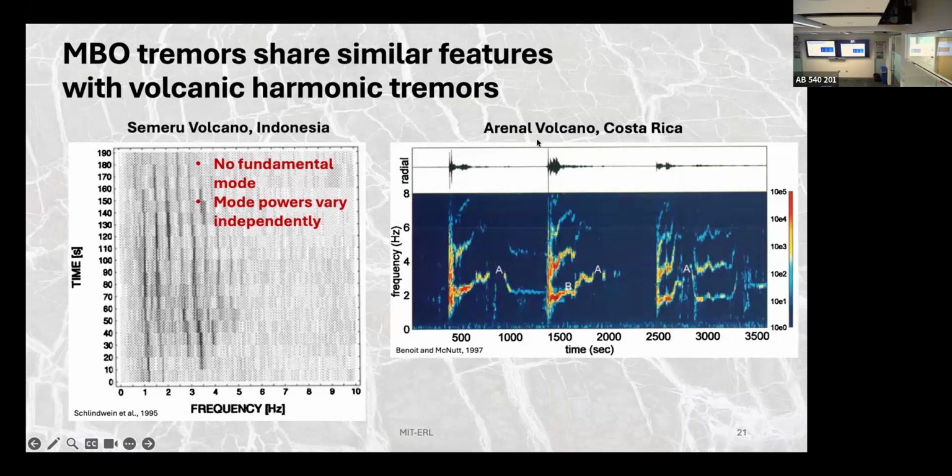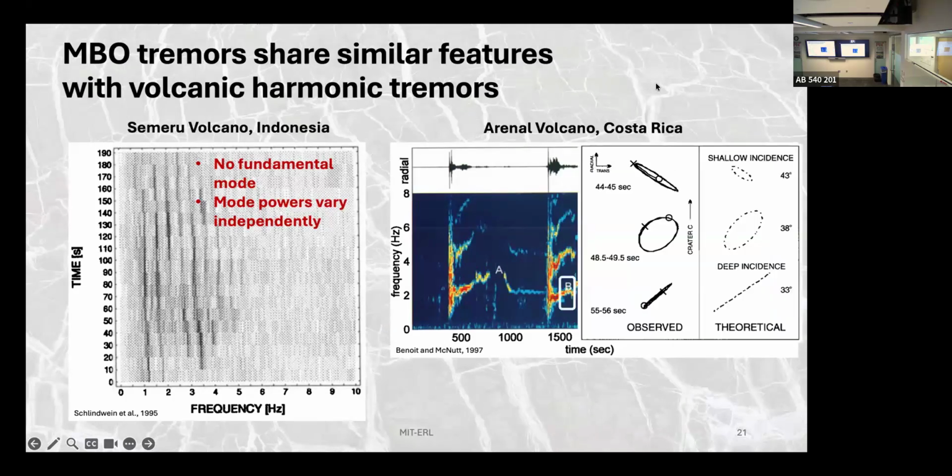And here is another example of harmonic tremors observed on another volcano in Costa Rica. And in this case, the authors observed a rapid change in the particle motion in a very short period of time, shown by the white box.